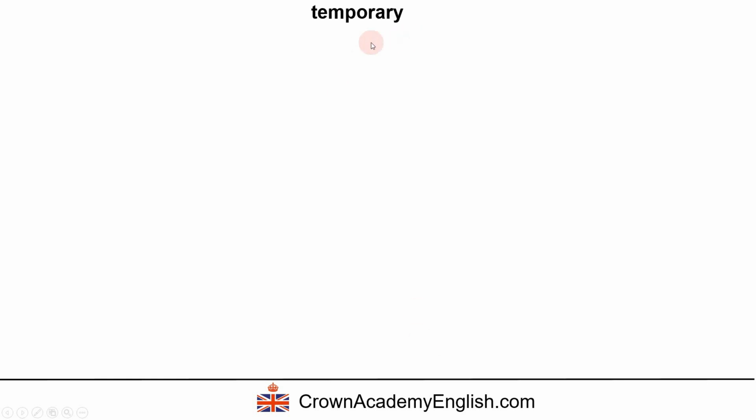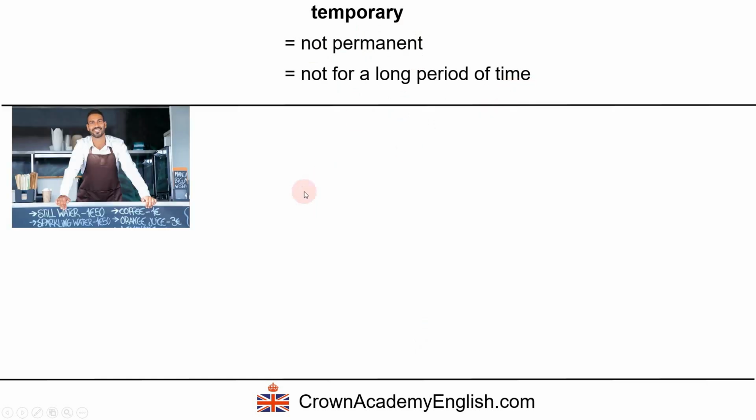Temporary, and this means not permanent, not for a long period of time. And we often use this to describe a type of job or a type of contract. Mark had a temporary job during the summer. Okay, so the job was only for the summer.